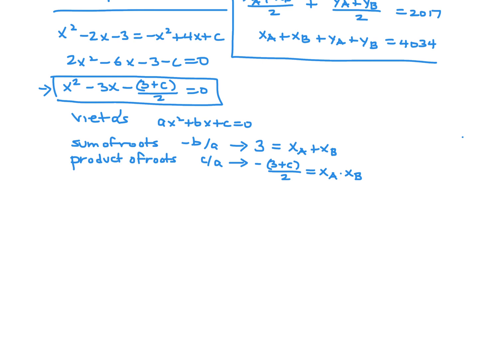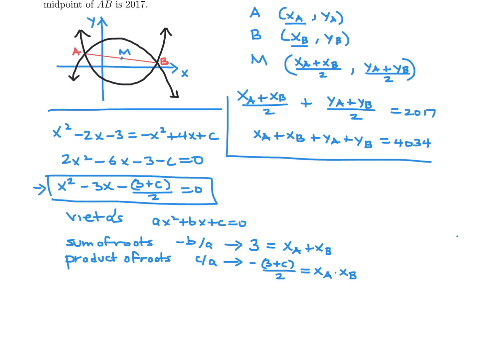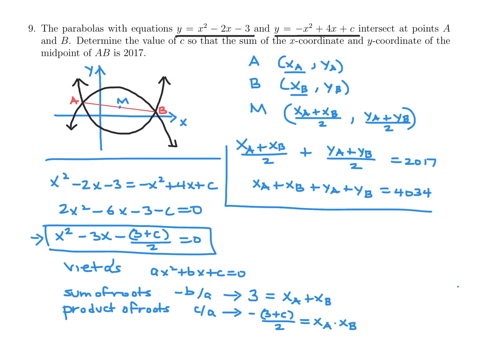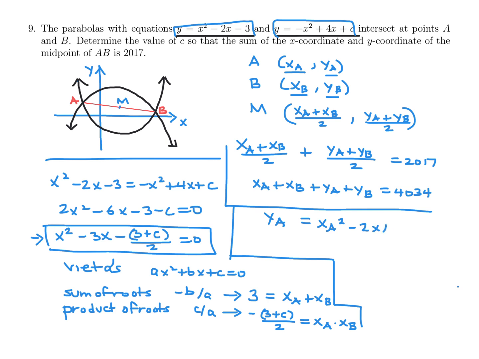Okay. And then we have to use these two equations up here, this one and this one, to get the formulas for YA and YB. So I guess I can do it here. YA would be XA squared minus 2XA minus 3.